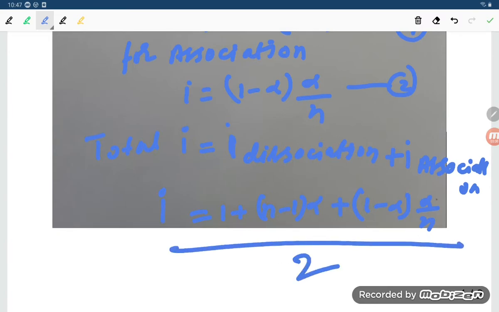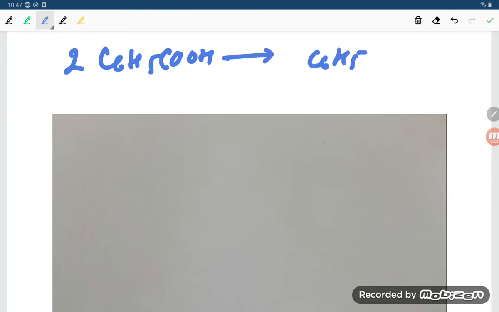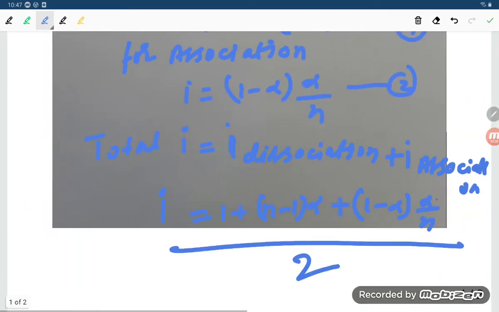Initial moles, 2 mole we will take, student. For dimerization 2 moles we need to take. How 2 moles? Like that, C6H5COOH is there, so if you take 2 moles, it will be twice C6H5COOH. So 2 moles initially taken. So when you are calculating i, the initial mole is 2.